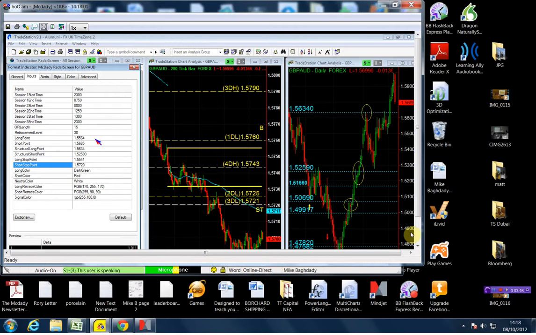And on the long side, I'm buying it above 157.60, and our stop is going to be the 157.20. I'm risking about 40 pips on that trade on the long side.